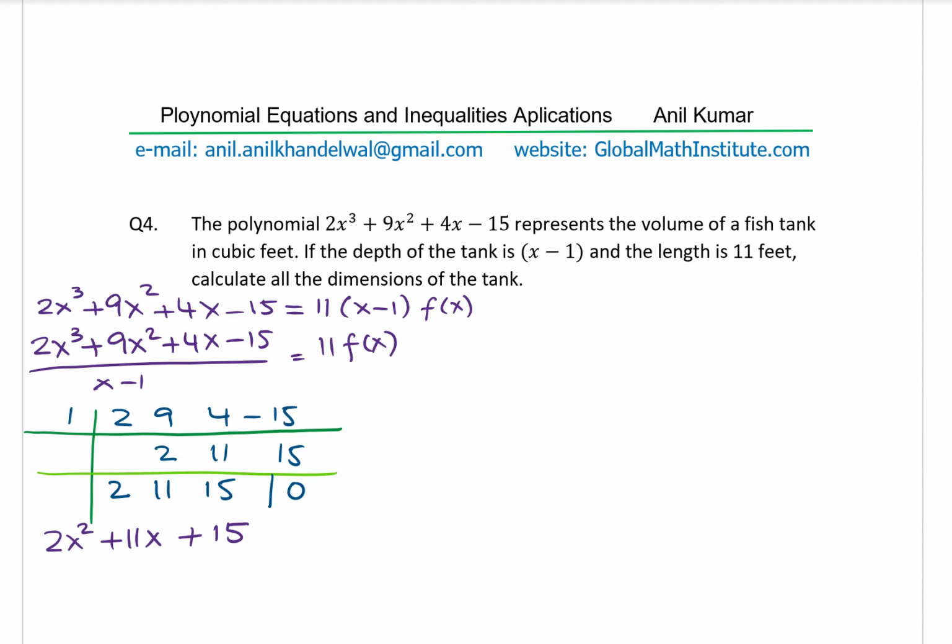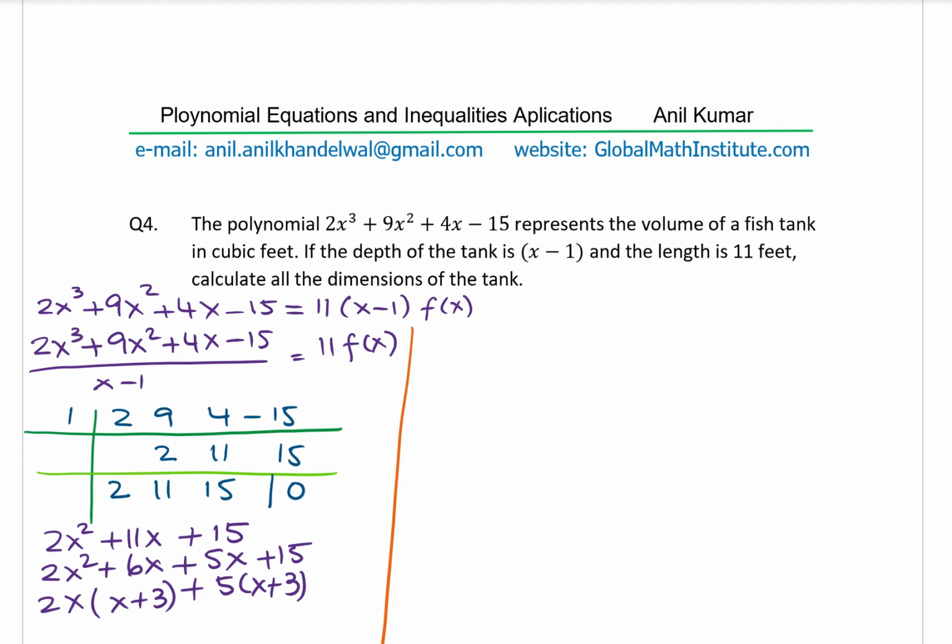We can factor this. 2 times 15 is 30. 6 times 5 can work for us. So we get 2x squared plus 6x plus 5x plus 15, which is 2x common, x plus 3. Here 5 is common, we get x plus 3. And so we can write this on the right hand side.